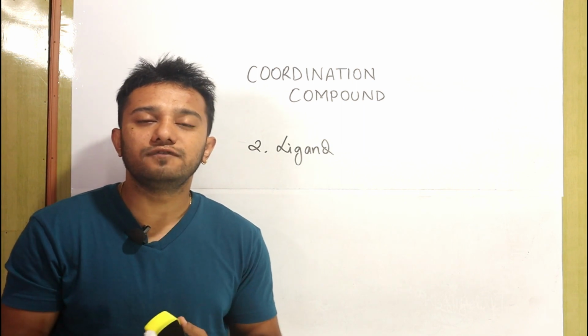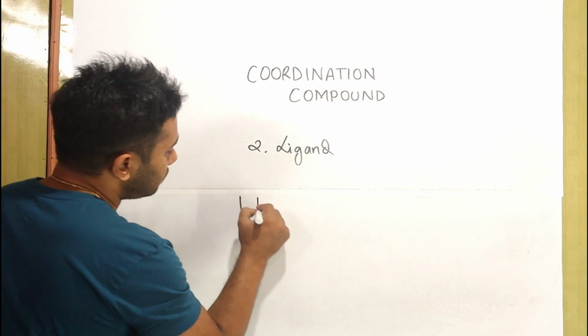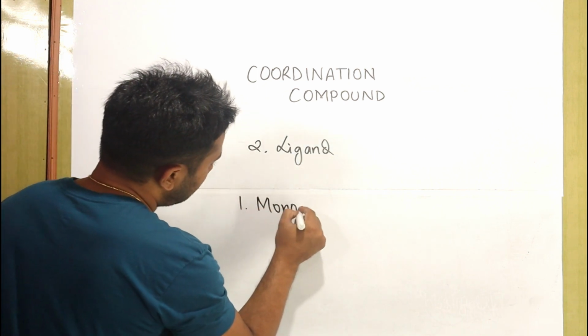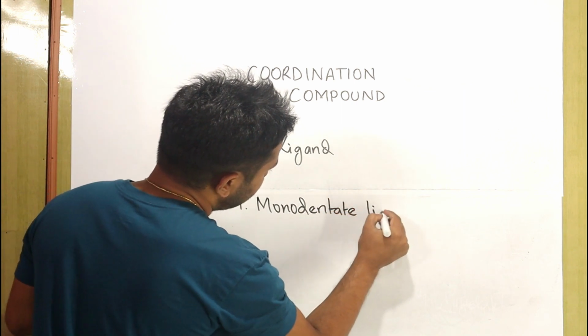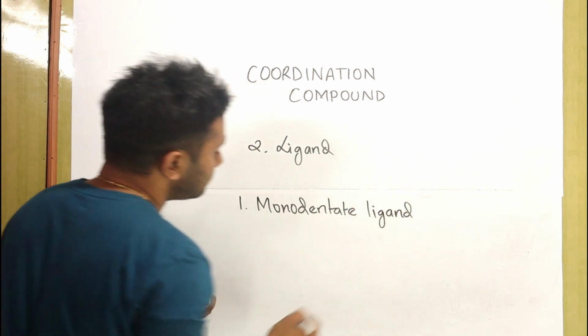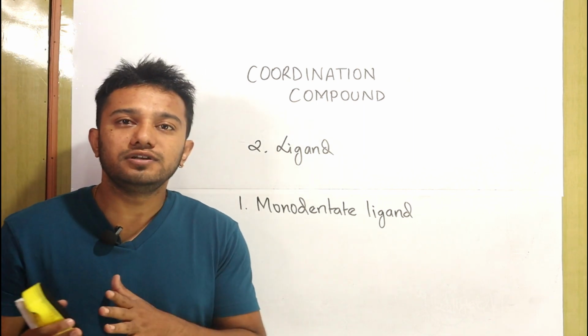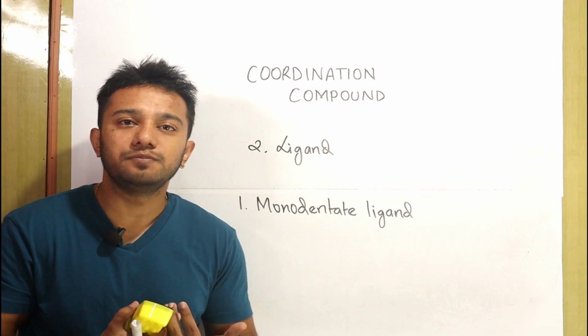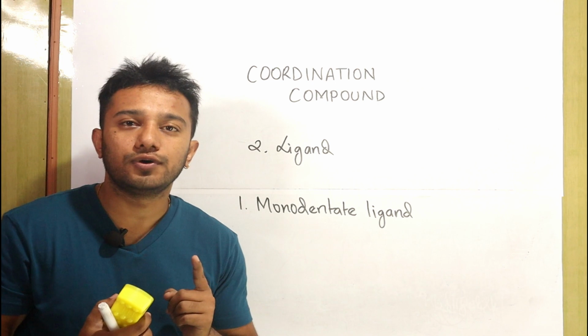And also we have different types of ligands. The first one we have out here is monodentate ligand. Monodentate ligands are those ligands which make a coordination bond with the metal ion using only one donor atom.